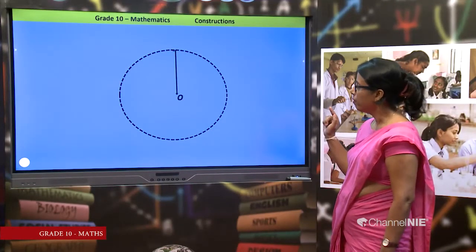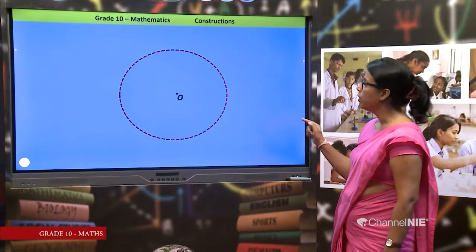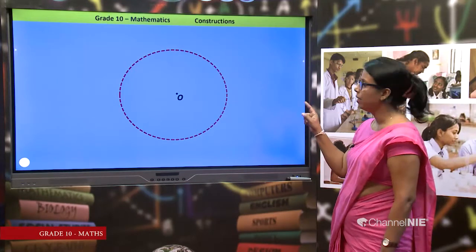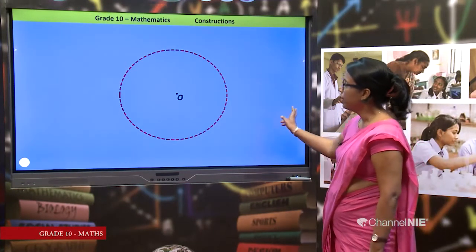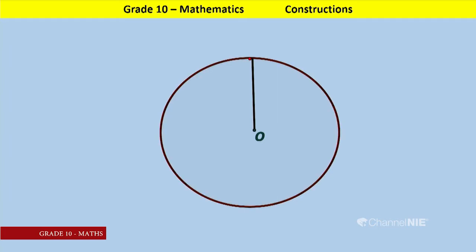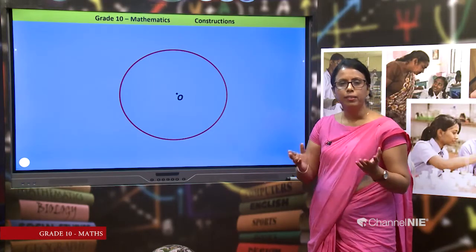Let's take the fixed point as O, and a point moving at a constant distance. What is this? It is a circle. Locus of a point moving at a constant distance from a fixed point. So, what is this, children?